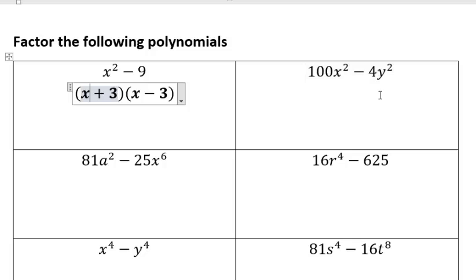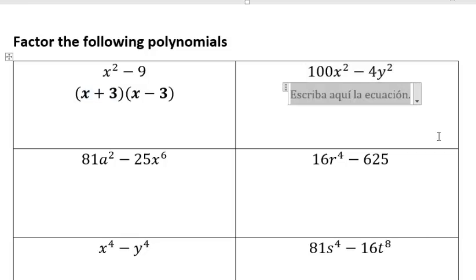Okay, let's see this other example. Again, I have two things, they're subtracting, so I can use the method. So all I need to do is get the square roots. Square root of 100x squared will be 10x.